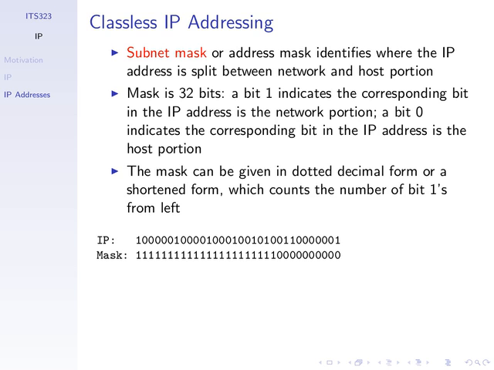What's the network address for this network? 96.1.0, no. 96.1.64.0/20. Why? For the network address, the host portion is set to all zeros.